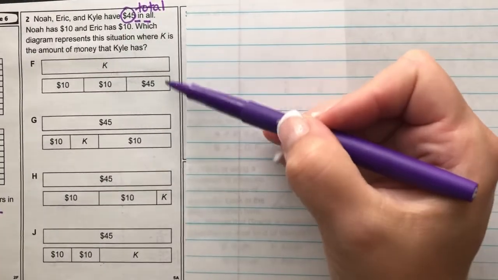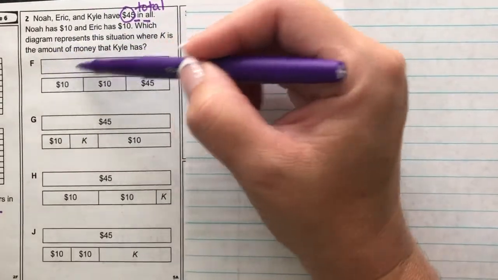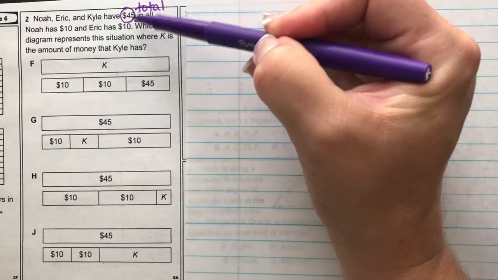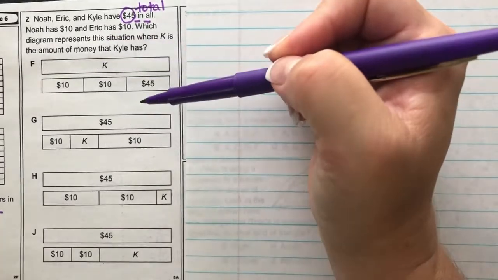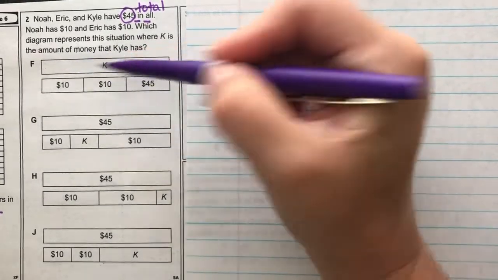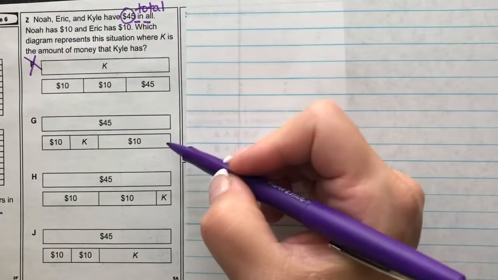If I look at the answer choices, if I look at F, for example, here's the longest piece. That should be labeled with $45 because that is the total. That's the large amount. F does not show that. It shows 45 as one of the pieces that make up the total. That makes this incorrect.